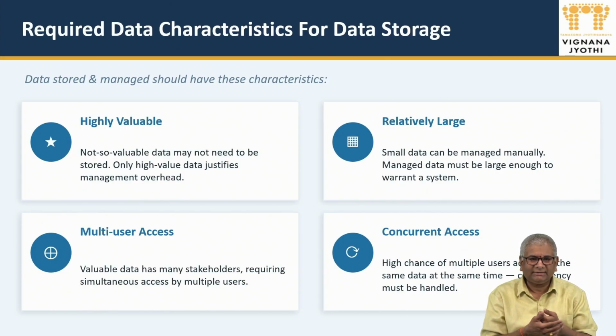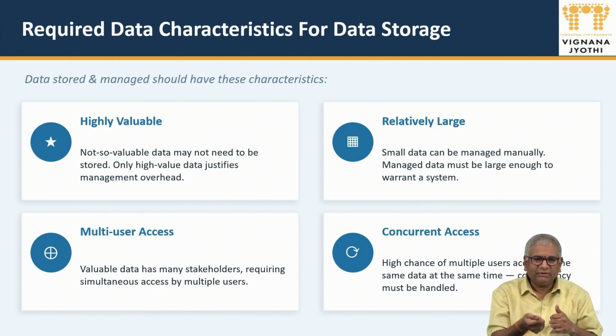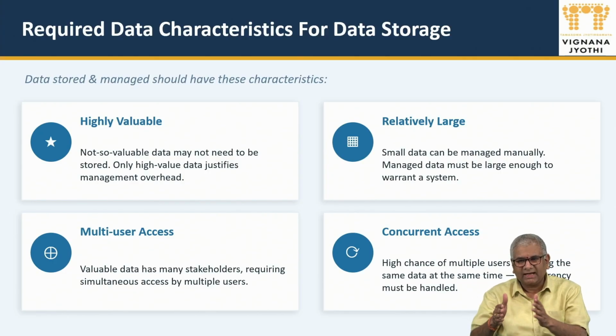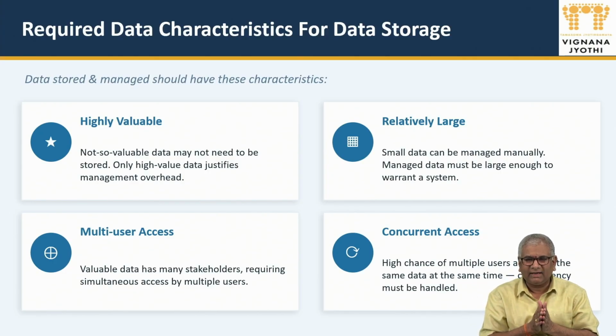That's called multi-user access. This is one of the characteristics of data that needs to be managed. Valuable data has many stakeholders requiring simultaneous access by multiple users. Simultaneous, I'll talk about in the next one, concurrent access. So concurrent access means what? There is a high chance of multiple users accessing the same data at the same time, so concurrency must be handled.